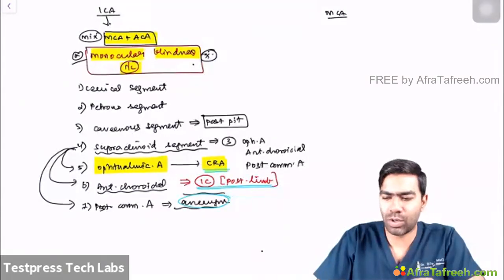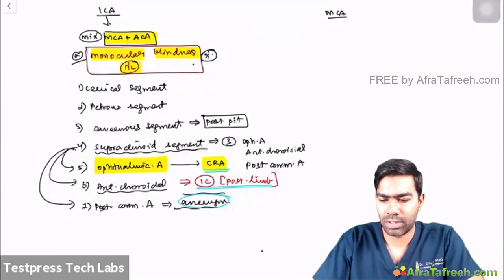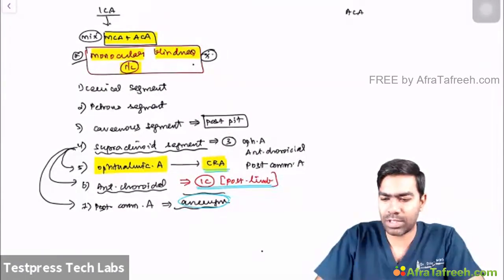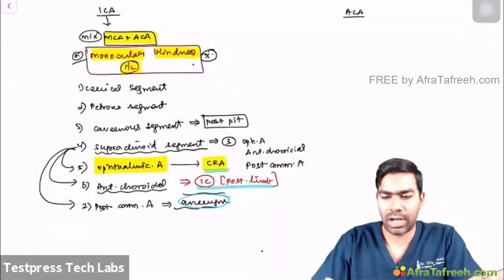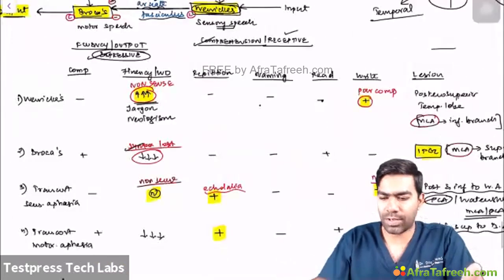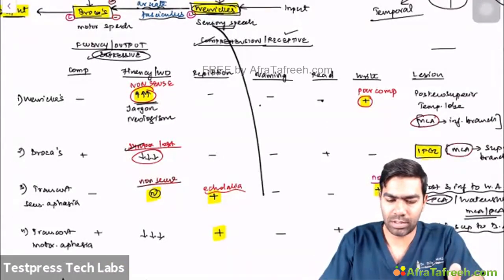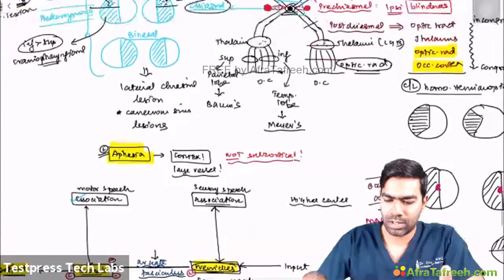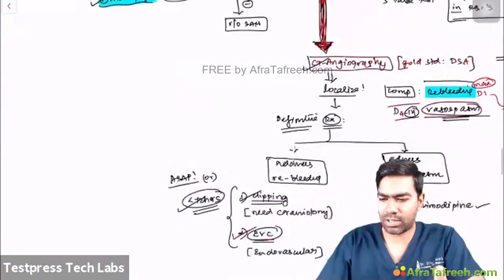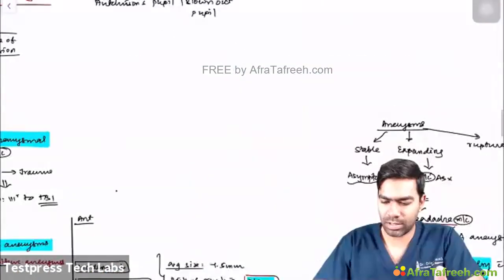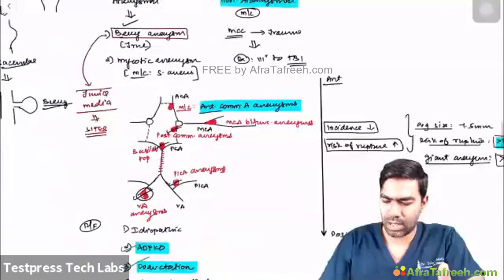For that, we need to go to the circle of Willis once again, because there is going to be substantial anastomosis in the brain. For example, when you go back to the circle of Willis and see there, because I've drawn in the subarachnoid hemorrhage, I think. Yeah.